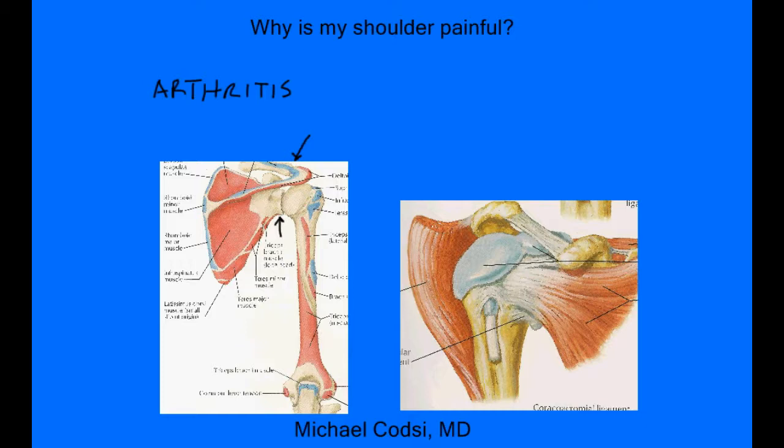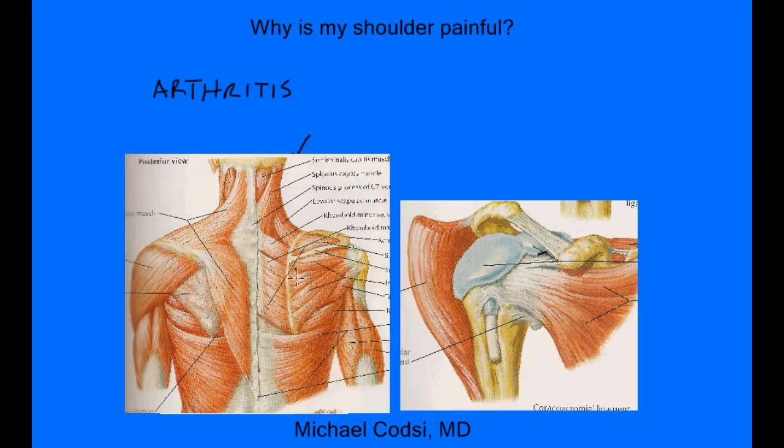Now, if we look at the muscles that cover that shoulder blade and that joint, you can see these are your rotator cuff muscles up here on the top, up on the back, and then here in the front. They attach to these tendons here, and these are your rotator cuff tendons. Here's one on the front, and this is the back of your shoulder. These tendons can become inflamed, and what we often call a tendinitis.